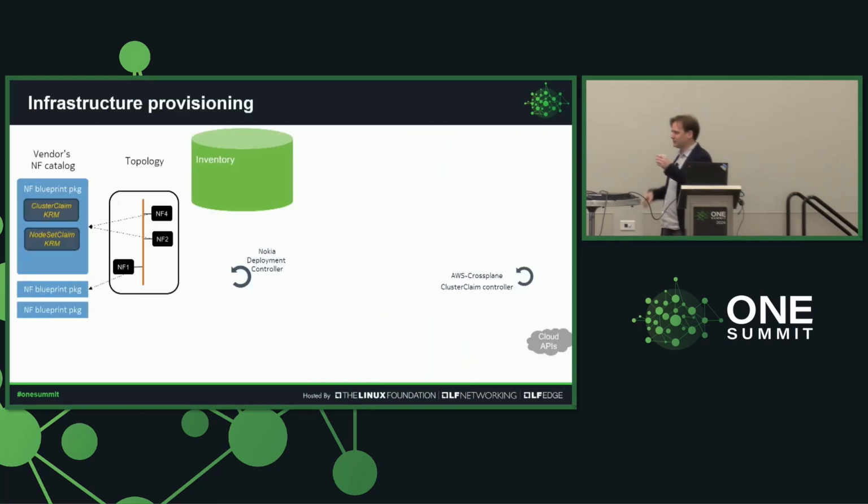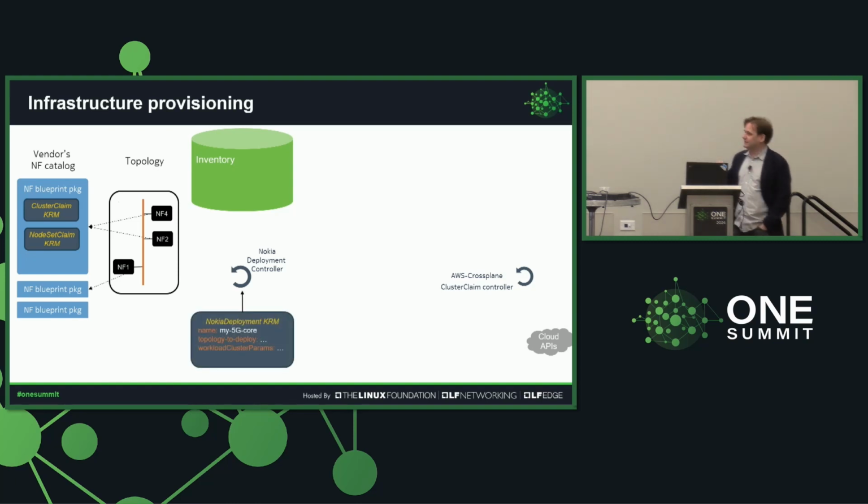And now we arrived to the infrastructure provisioning part. And that is the last thing I will go into detail with, and then I will try to summarize. So, infrastructure provisioning, we start with blueprints, with the claims, and the topology, and the inventory.